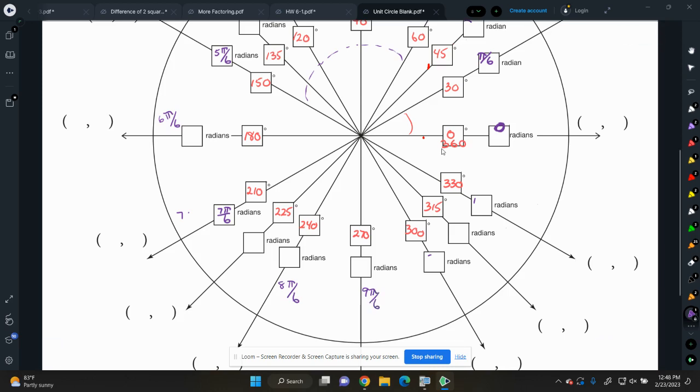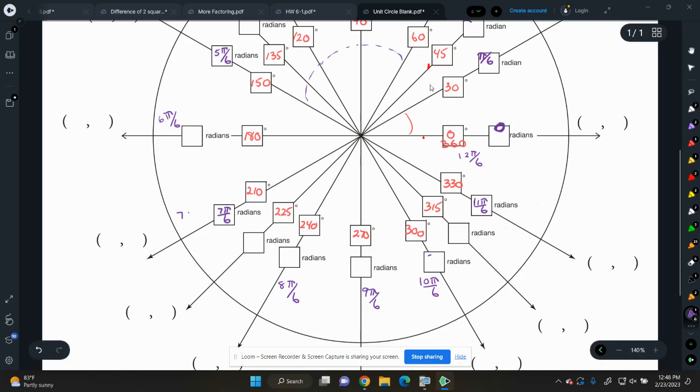Another 30 degrees brings us to 300. That's 10 pi over 6. Another 30 degrees brings us to 330. That's 11 pi over 6. And another 30 degrees brings us to 360, and that's 12 pi over 6. So I go around the circle. Every 30 degrees, I add another pi over 6.